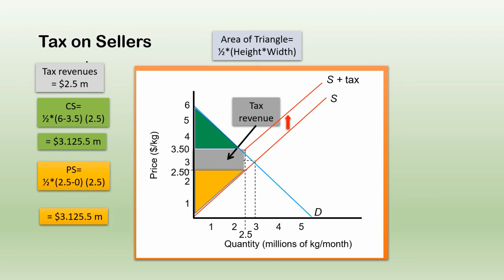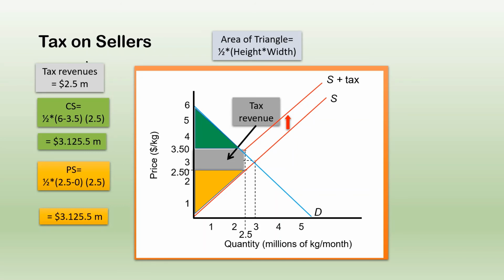Because this supply curve is unit elastic. Whenever the supply curve is unit elastic, the producer can share the burden of tax equally with the consumers by just increasing the price of the good by half the amount of the tax.